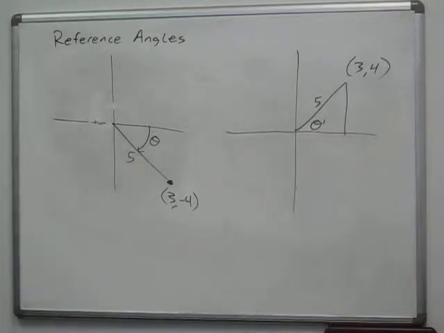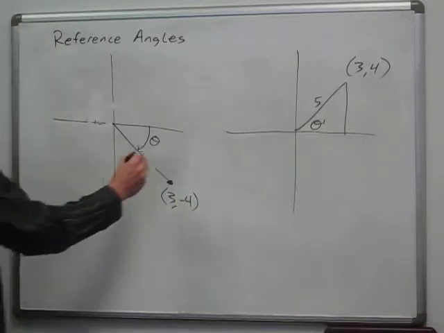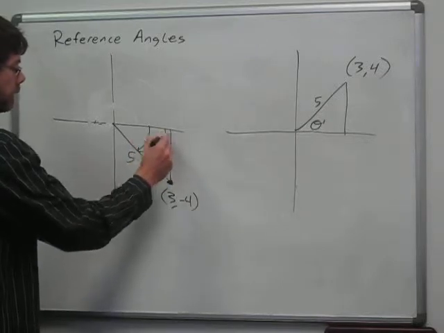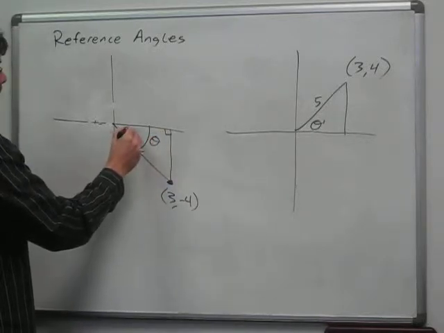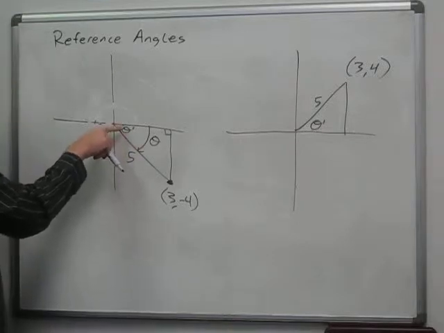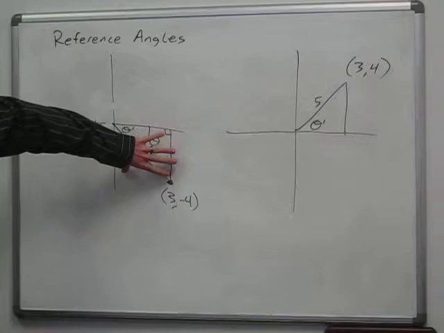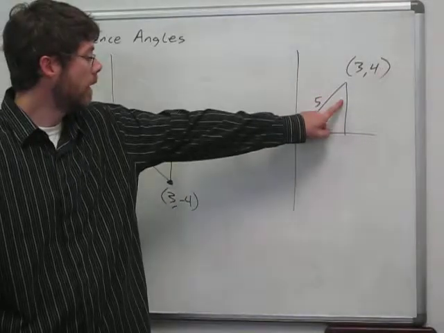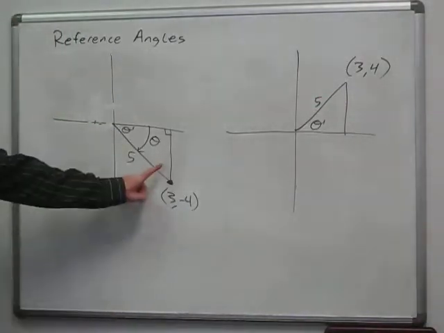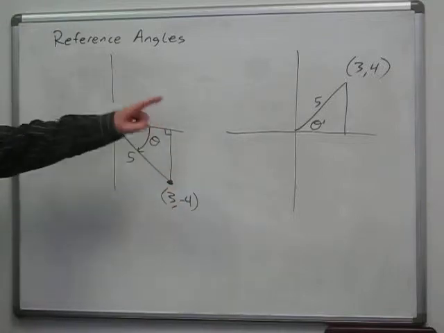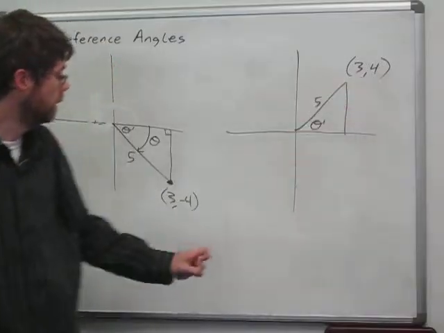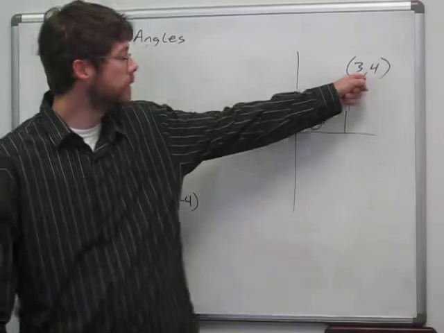Again, there's a right triangle sitting here. I can think about this reference angle, again somewhere between 0 and 90 degrees, and I can put a copy of this triangle in quadrant 1 just by making my y-coordinate positive, changing (3, -4) to (3, 4).